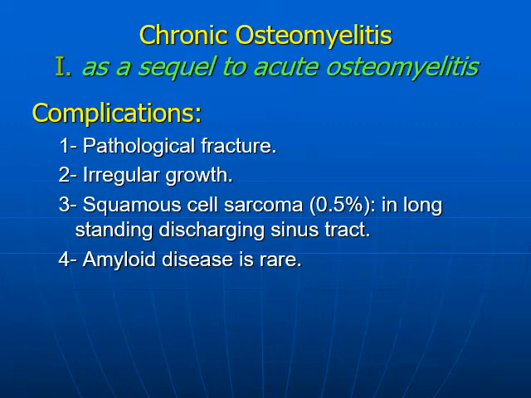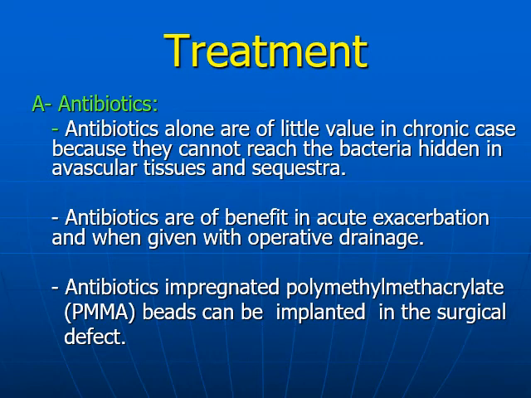Complications of chronic osteomyelitis: pathological fracture, irregular growth, squamous cell carcinoma sometimes occurs, and amyloid disease is rare. Do antibiotics have any role in chronic osteomyelitis? We mentioned that in acute osteomyelitis we should give antibiotics first, but here antibiotics are of little value because they cannot reach the bacteria hidden in the avascular tissue and sequestra.